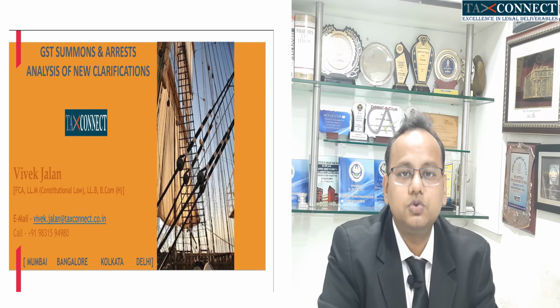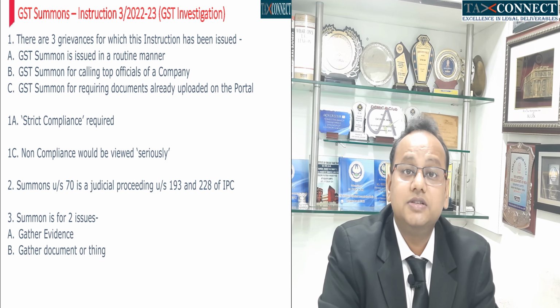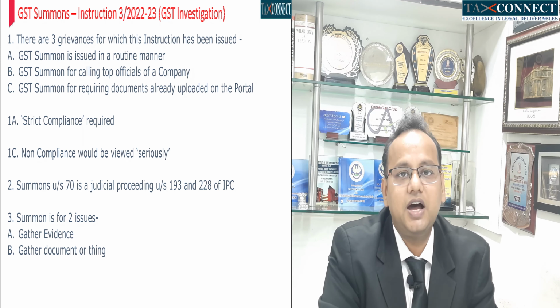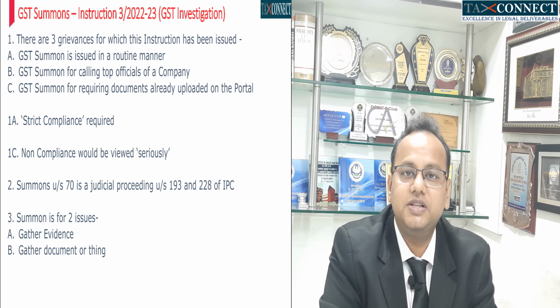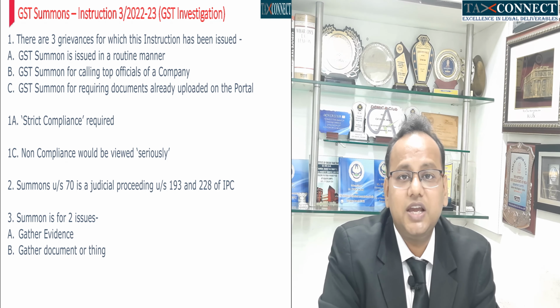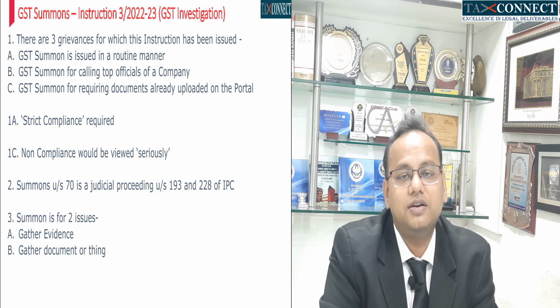Friends, since the last 2 to 3 years under the GST regime, it is seen that many a times summons under section 70 are issued where a mere notice for requisition of information or documents would have been sufficient, and similarly an investigation, search and seizure process is initiated where a mere access to business premises under section 71 could have been sufficient.